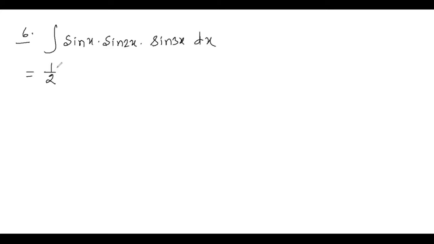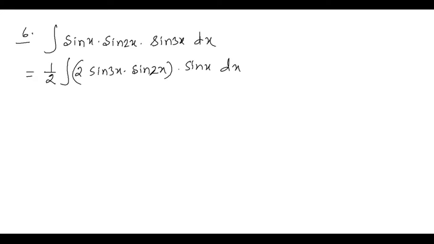Next, question number 6. Integration sin x, sin 2x, sin 3x dx. So how do we integrate it? Again, we will multiply by 1 by 2. Now we will write 2 sin 3x, arrange it, and 2 sin 2x into sin x dx.